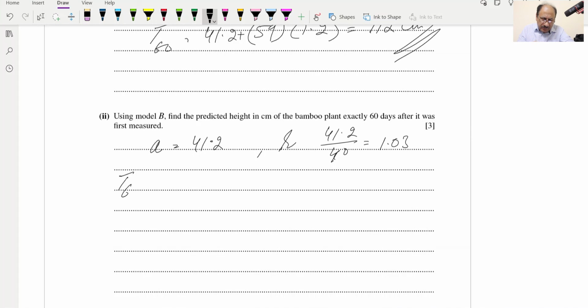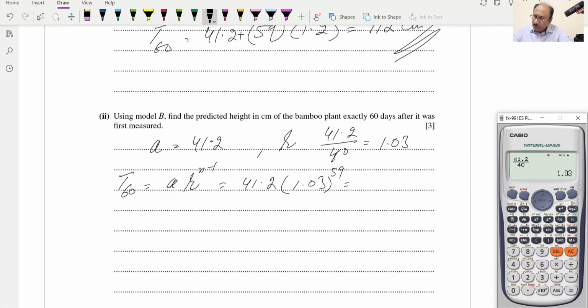Now for T60, in case of GP, we are writing the formula A R raised to n minus 1, and A is 41.2 into R is 1.03, n minus 1 will be 60 minus 1, which is 59.